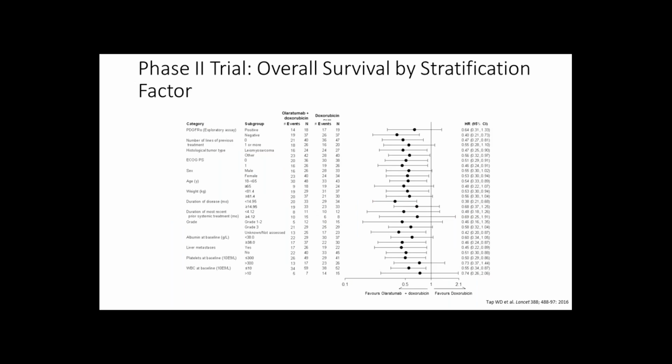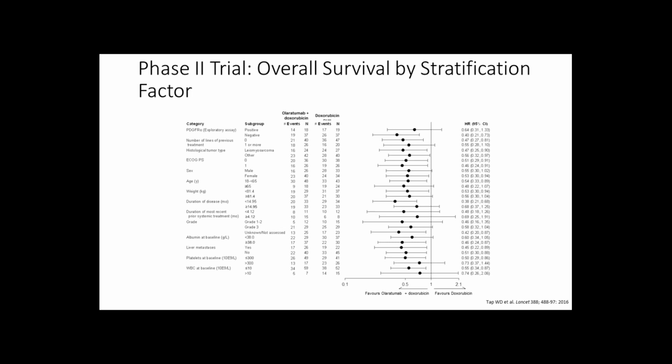And looking at the stratification factors, the grouping factors that I mentioned earlier on, this benefit extended to most of these different groups, including performance status, histological subtype, notably, which we divided into leiomyosarcoma and the heterogeneous group of other sarcomas, as well as the number of lines of previous treatment.